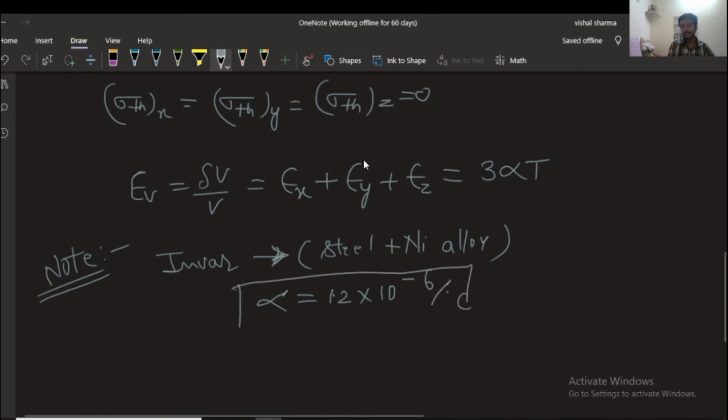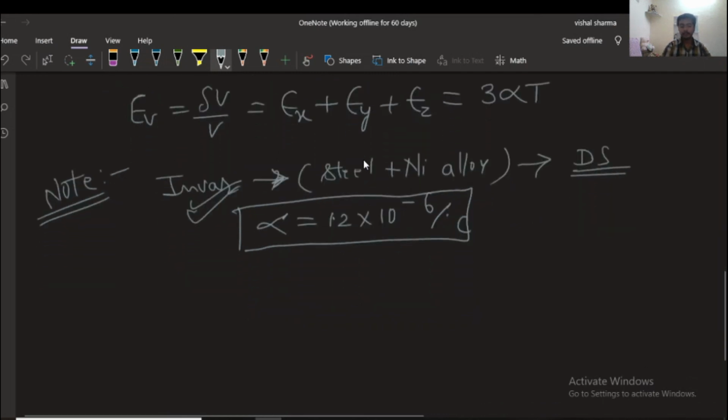The interesting thing is that this material is used to maintain dimensional accuracy and stability in the presence of temperature change. If in any beam there is a temperature change and we are required to maintain dimensional stability, then we will use the INVAR material.